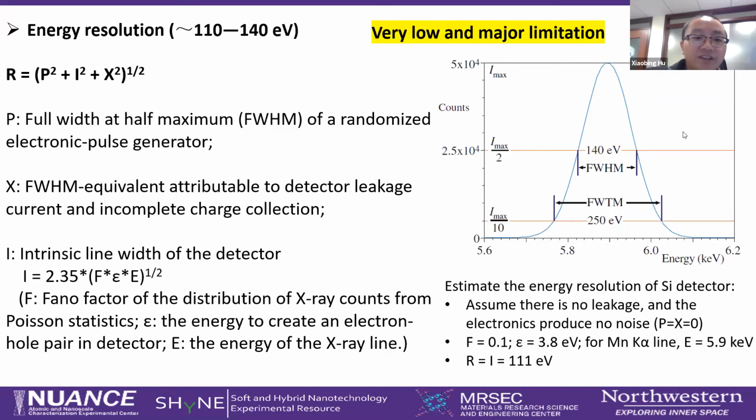The most important thing here is the beam spreading. As you can see, the beam spreading diameter is related to the incident electron energy, the atomic number density, and also the foil thickness.